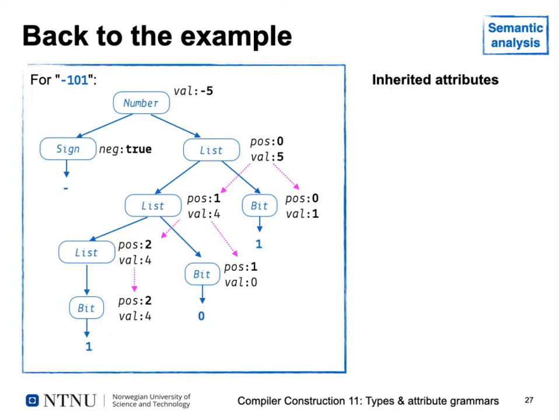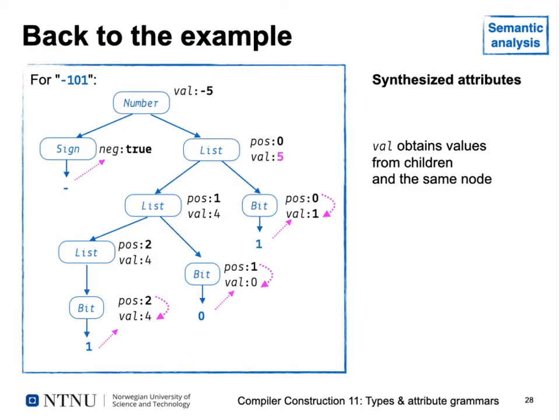Now we can add this information again to indicate the inheritance of attributes. Our position is inherited down from list to recursive list invocations, and also from lists to single bits. And we can also have synthesized attributes.